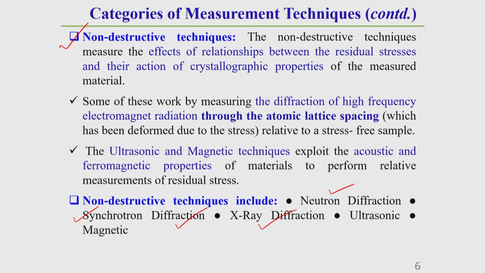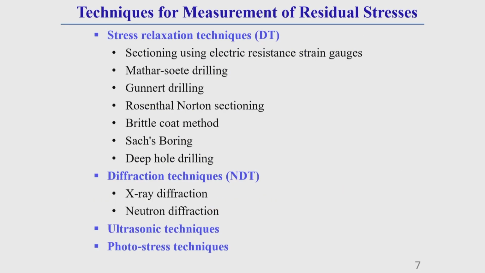Where we use the acoustic property of the material, that is commonly known as the ultrasonic residual stress measurement technique, and where we use the ferromagnetic property of the material, that is called the magnetic residual stress measurement technique. About this I will discuss in detail in a subsequent slide. So, here I am just showing the commonly applied residual stress measurement techniques, because these techniques I will discuss in detail in this course.